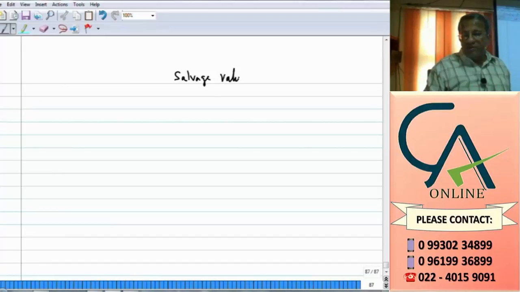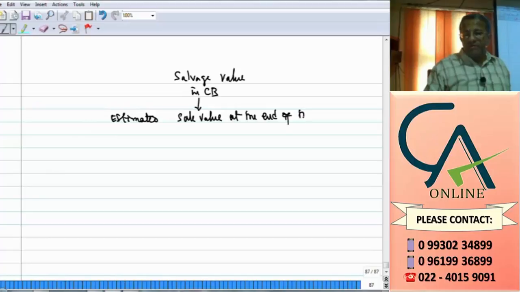Salvage value in capital budgeting and its treatment. What is salvage value? It is the estimated sale value at the end of the project.